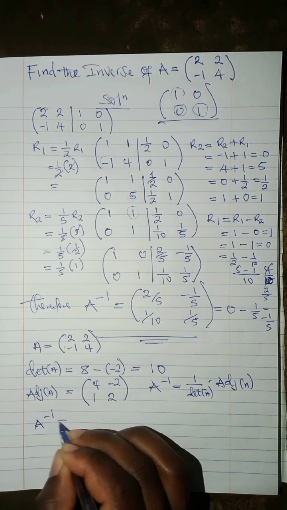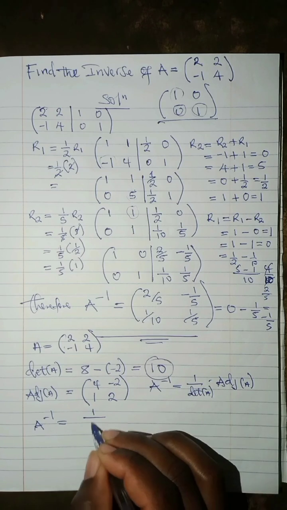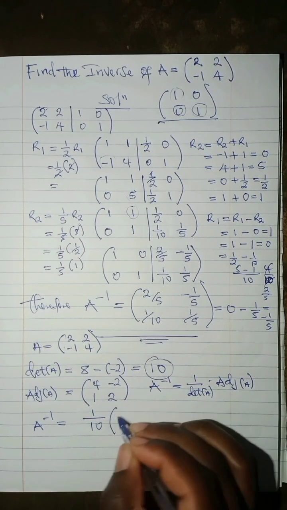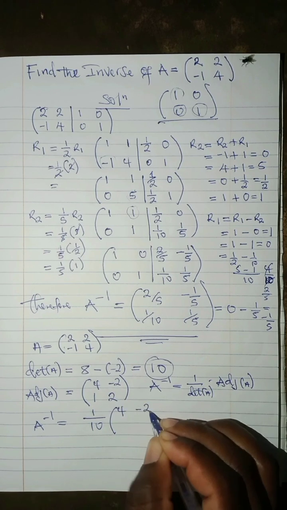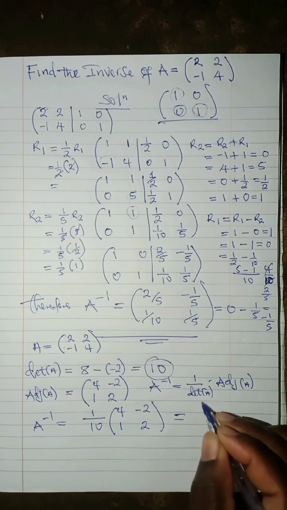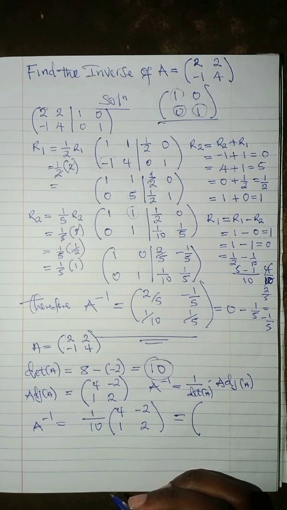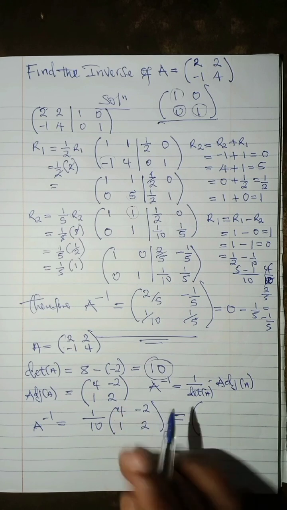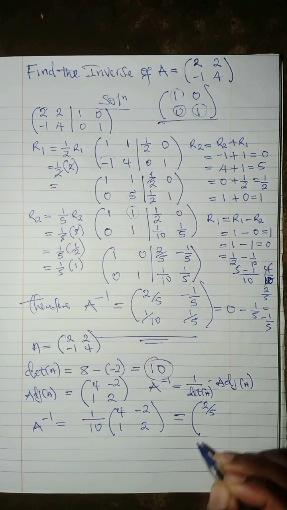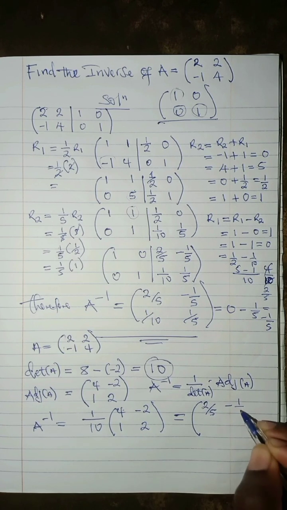The inverse of A is equals to, what is our determinant? Our determinant is 10, like that. What is our adjoint? Our adjoint is here, which is 4, -2, 1, 2, like that. Then from there, we multiply our determinant inside the matrix. So when we multiply here, we are going to have 2 over 5. Here, -1 over 5.